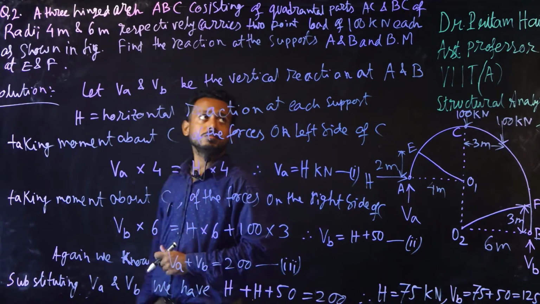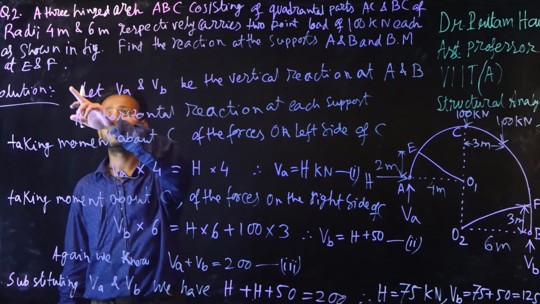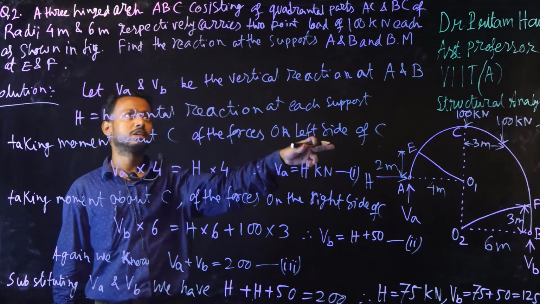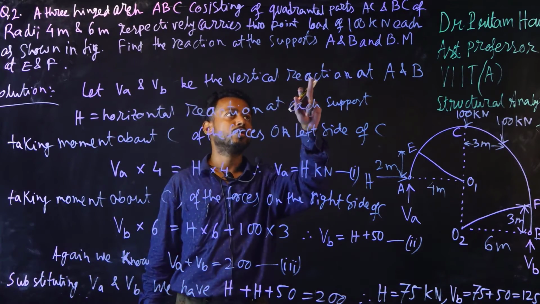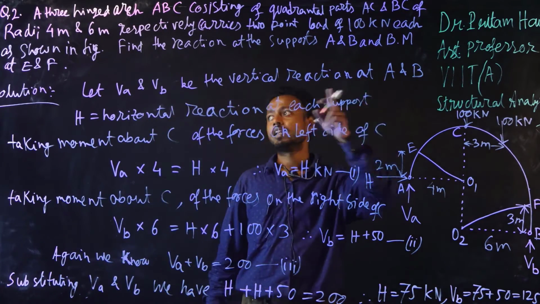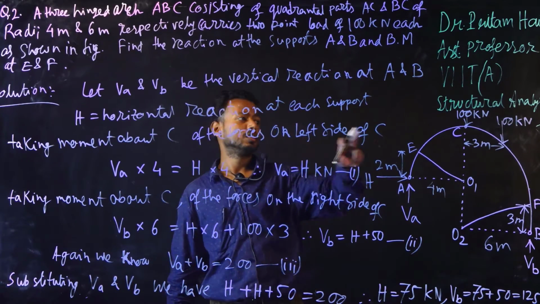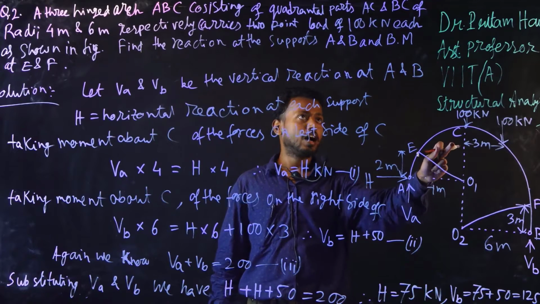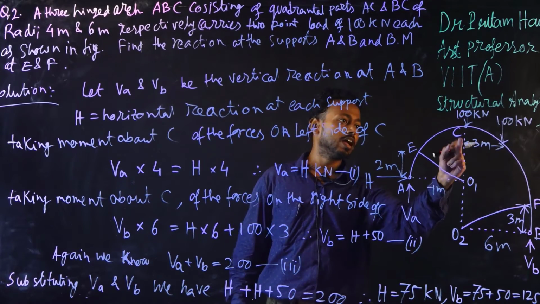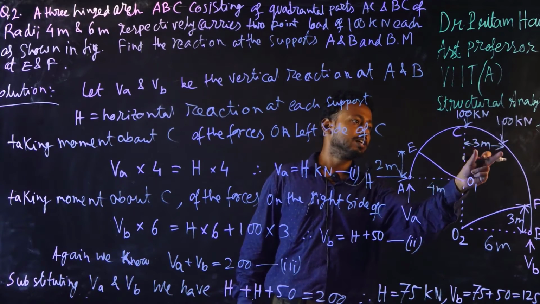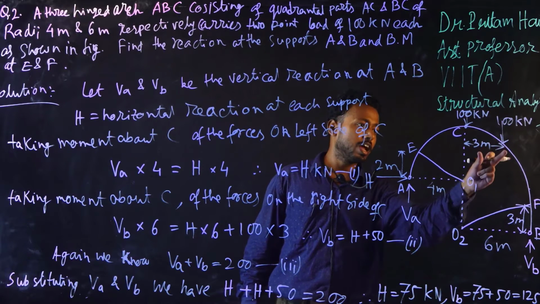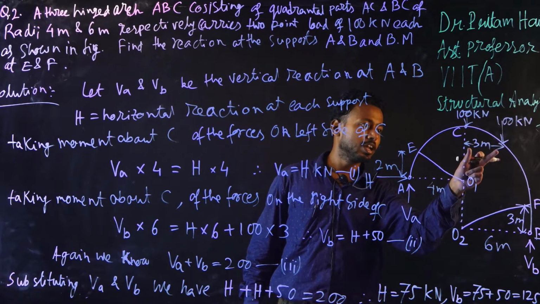So AC and BC of radii 4 meter and 6 meter respectively carry two point loads of 100 kilonewton each: 100 kilonewton at point C and 100 kilonewton 3 meter apart from C point.